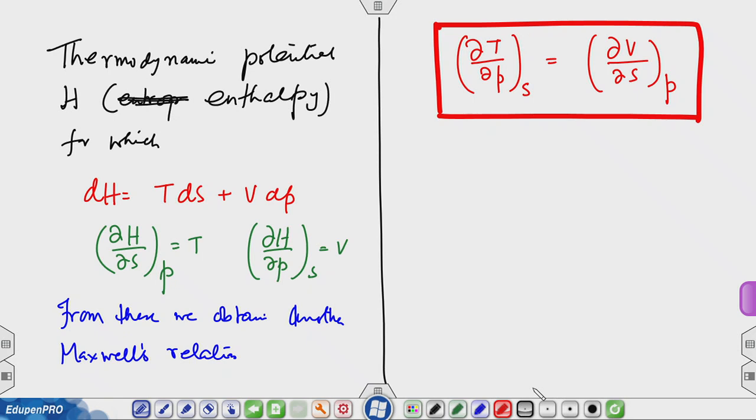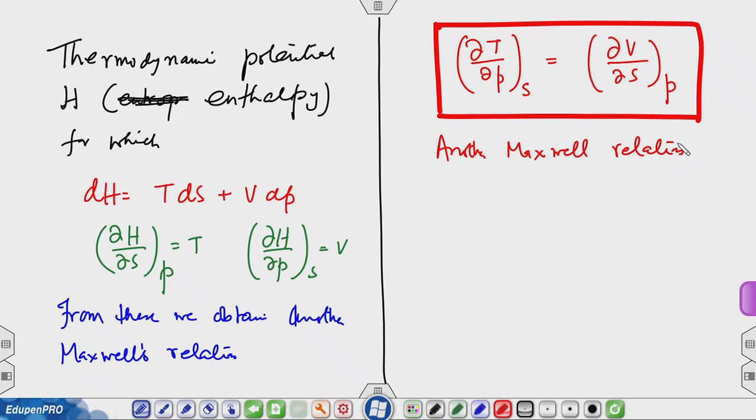So, this is another Maxwell relation. Usefulness of these relationships, I'll keep giving you examples for that.